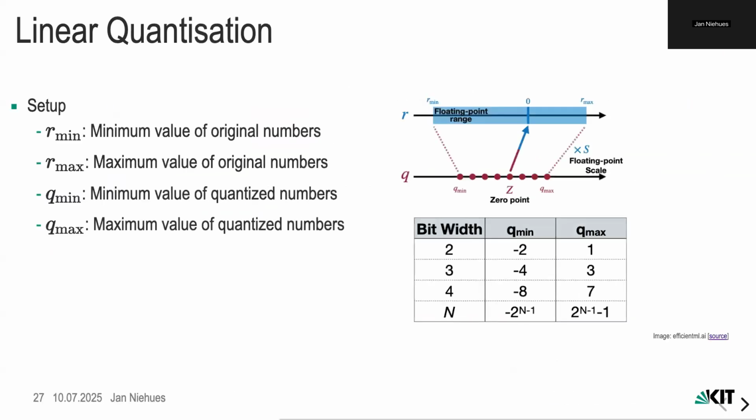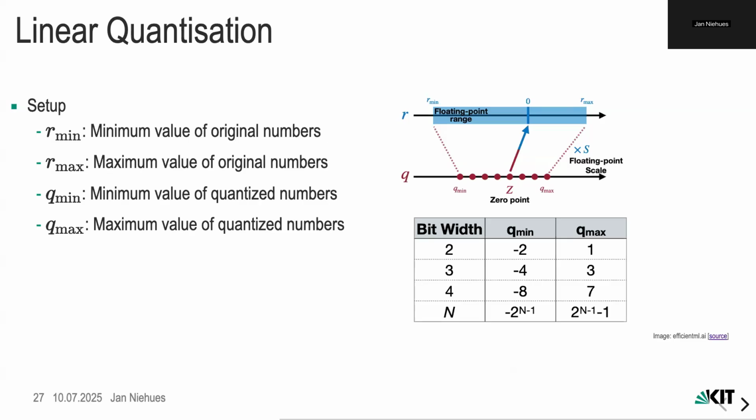So what is important in order to do this type of scaling and calculation is, on the one end, you have to know what is your minimum and maximum value of your quantized values. So if you have, for example, 2-bit, that's typically -2 and 1. If you have 4-bit, it's -8 and 7, or in general -2^(n-1) and 2^(n-1) minus 1.